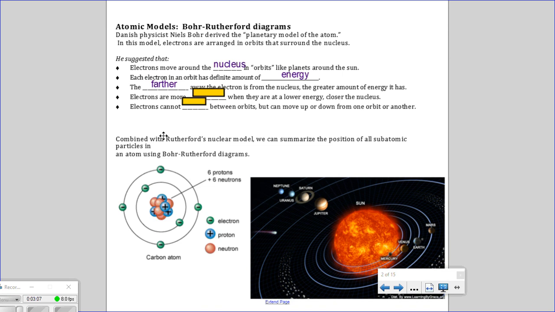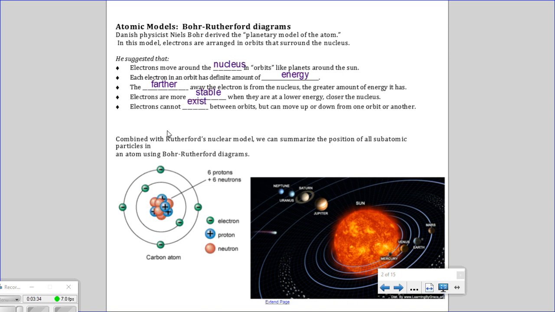And it's when you have electrons leaving and coming in that chemical reactions can happen. Electrons are more stable when they are at a lower energy, closer to the nucleus. So the closer an electron is to the nucleus, the more stable it will be.